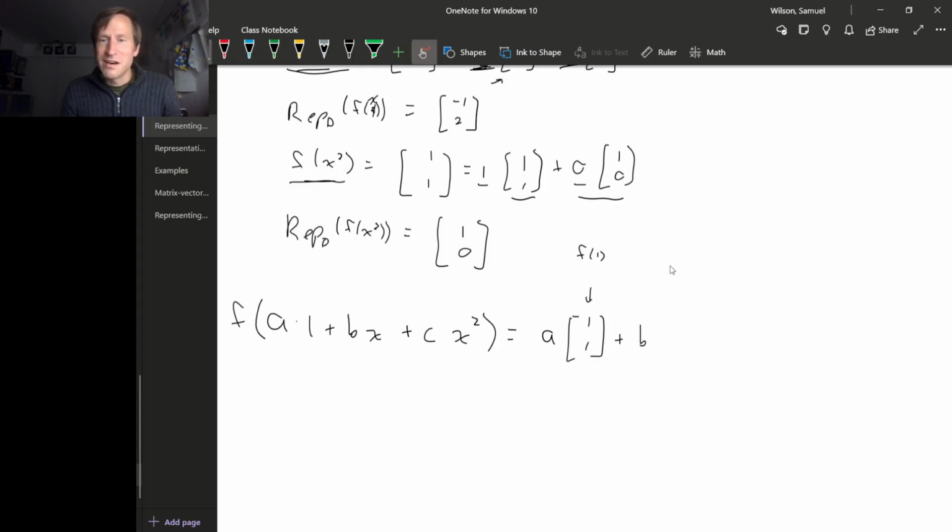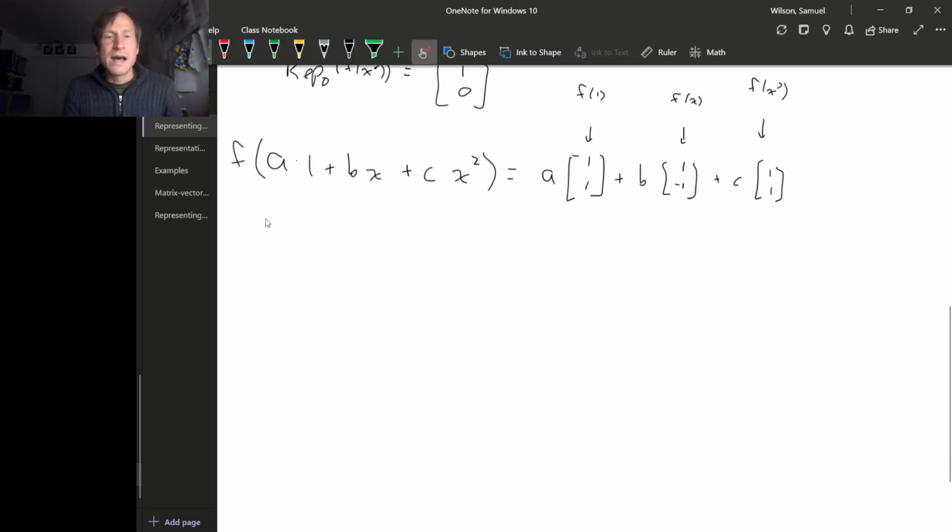Plus b times f of x, which was (1, -1), plus c times f of x squared, which is also (1, 1). Okay, now we'll see what rep d does to this thing.